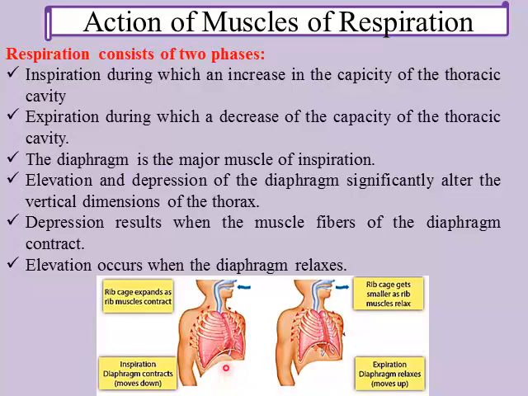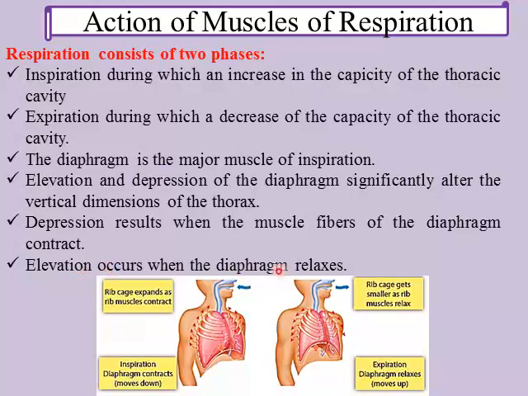It descends downward. When it moves downward, it increases the vertical diameter. As we said, in inspiration we have to increase all the diameters, so the vertical diameter is increased by the contraction of the diaphragm.